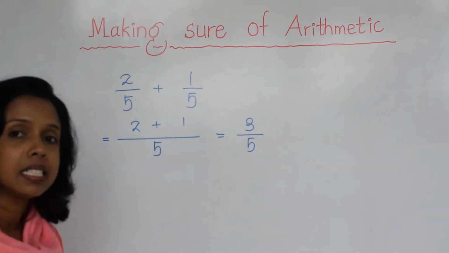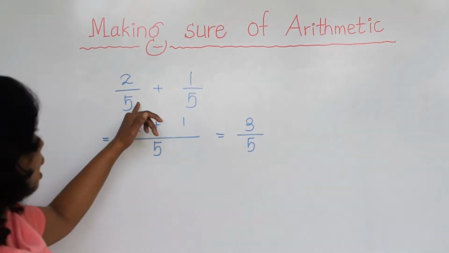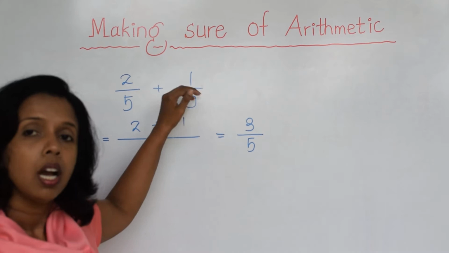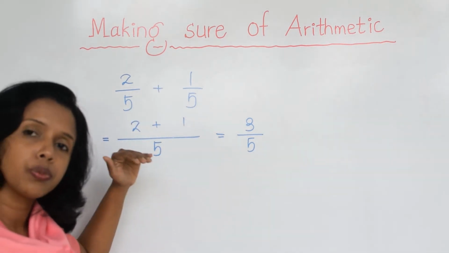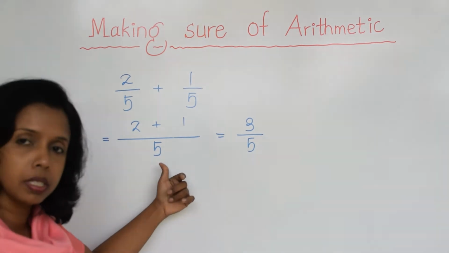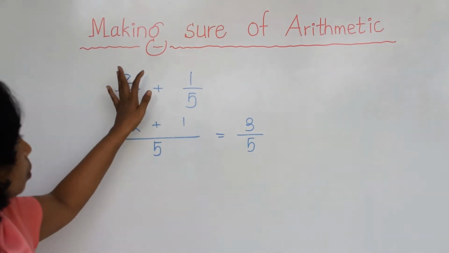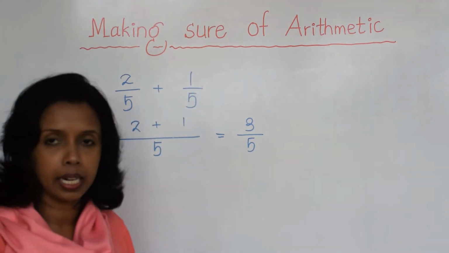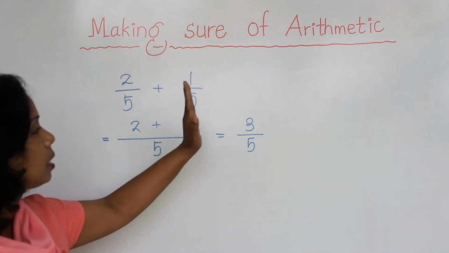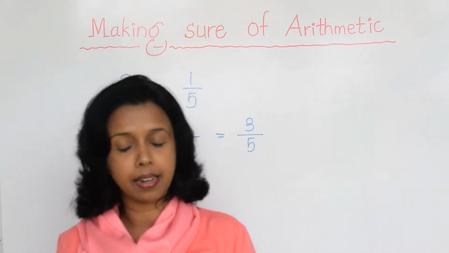So if you are talking about the same scenario, that means if you have the same denominator, how can you add those fractions? You take that common denominator with this line, and you just add the numerators, 2 plus 1 is 3, 3 over 5, that is the portion both of us had.